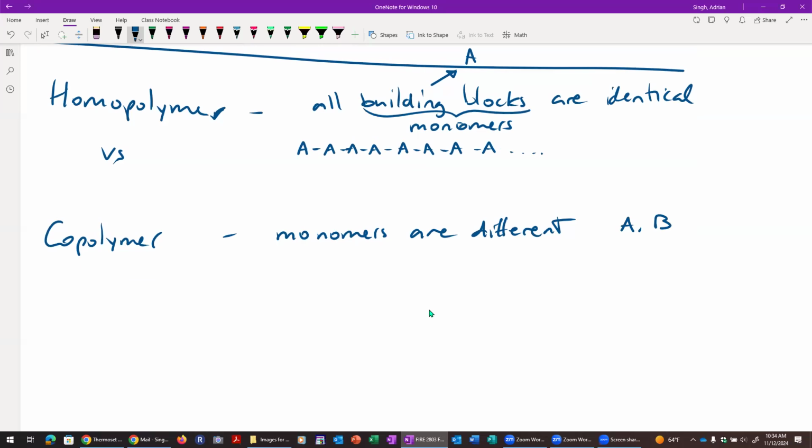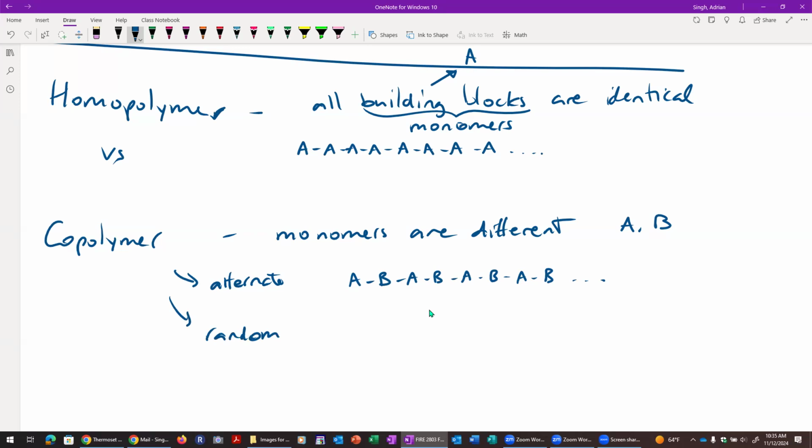And then under this category, we can have what's known as alternate copolymerization. So for example, it goes A, B, A, B, A, B. So it alternates between one and the other till you get to the end of the molecule. We can have random copolymerization.